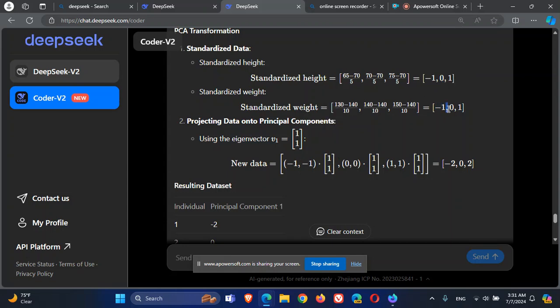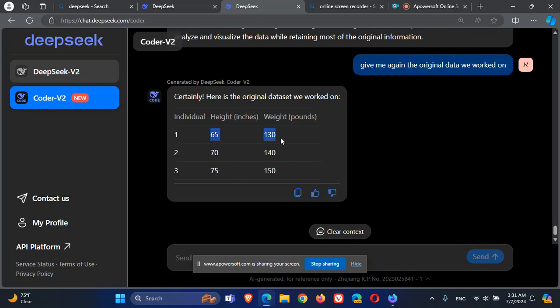We're taking 0 and 0 and multiplying by 1 and 1, the first principal component, PC1, and we take the third and multiply by, again, the first principal component. We project it onto the first principal component. So we transform the data: we normalize each one and project it onto principal component 1, which is the first eigenvector.